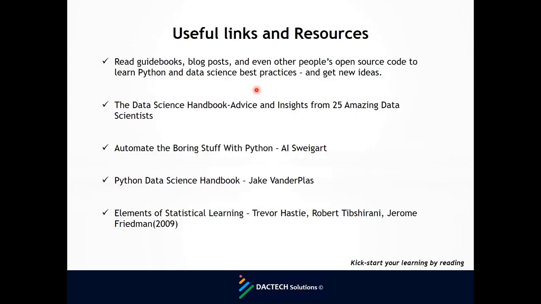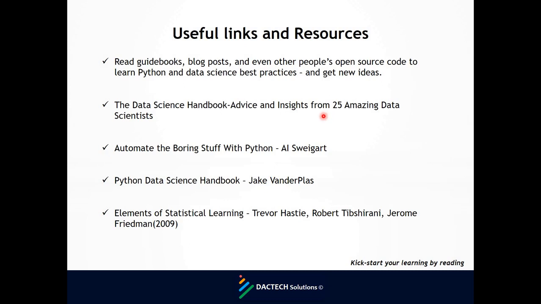One of the amazing books you can get in data science is written by 25 amazing data scientists. It's called the Data Science Handbook. Wow, what do you expect? A book written by 25 data scientists. That's a lot of information, and it's one of my favorite books.